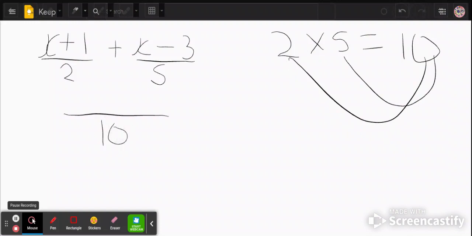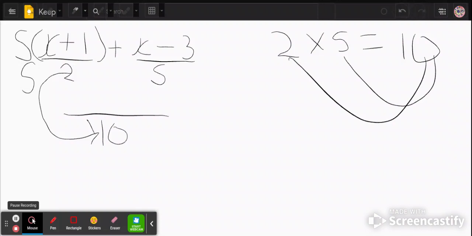And now we're going to want to see how many times this 2 can go into 10 without leaving a remainder, right? Just like how we do regular fractions. So 2 goes into 10 5 times. This 5 which we get would multiply by the numerator of x plus 1, right? So it is 5 times x plus 1.